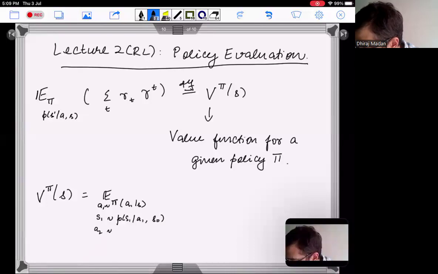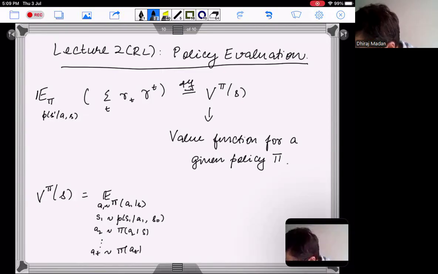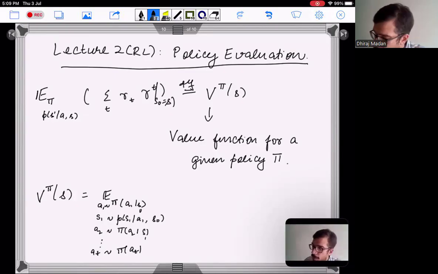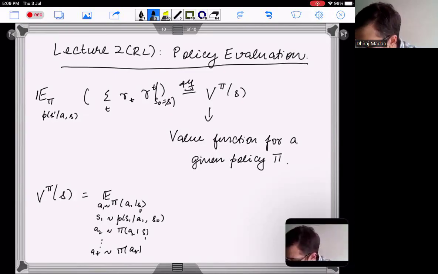So A2 is chosen from pi of A2 given S2, and in general, AT is chosen from pi of AT given S_t. And when I'm writing this expectation, it is conditioned on S naught equals S.